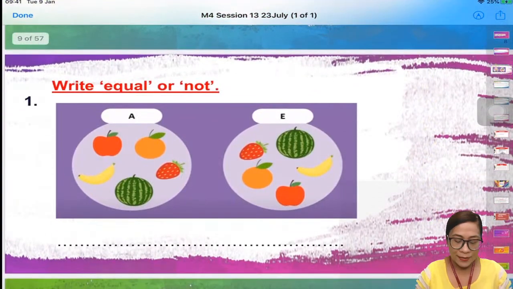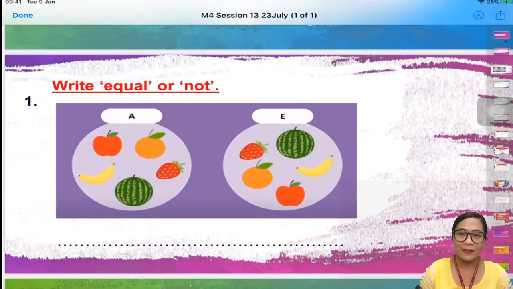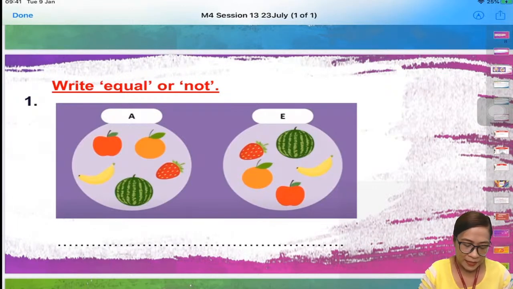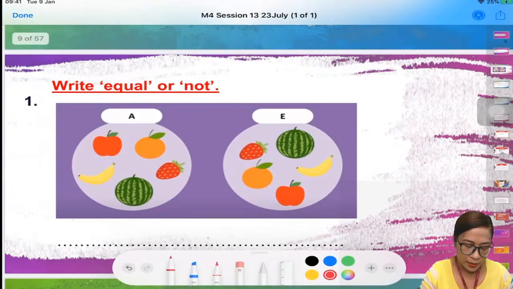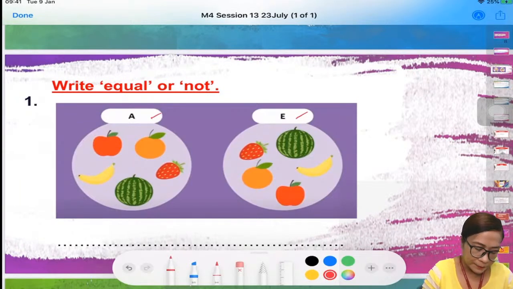Examples: equal sets or not. Number one, so let's have this one with pictures. It's easier for you to understand. You are asked to write the word equal or not. On the left, you have set A. On the right, you have set B. Looking at set A, you have apple.